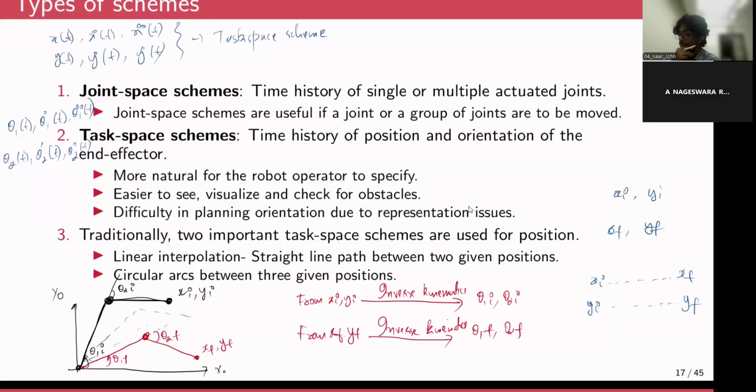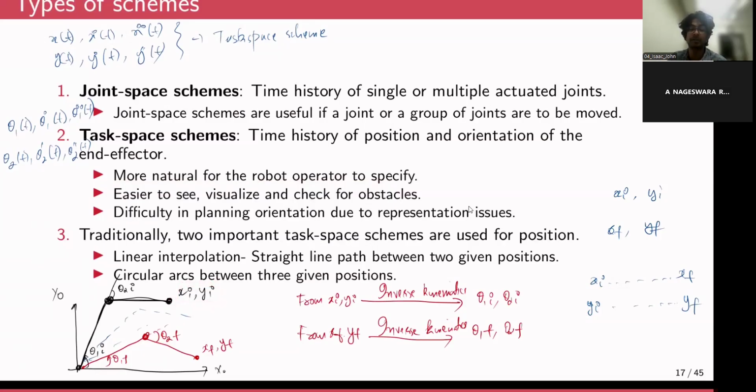In terms of task space, it is more natural for the robot operator to specify, right? Because we can see how the robot would move, since we perceive everything in Cartesian coordinates. It's easier for us to predict the position of a robot if xi and yi are given, rather than theta 1 and theta 2.